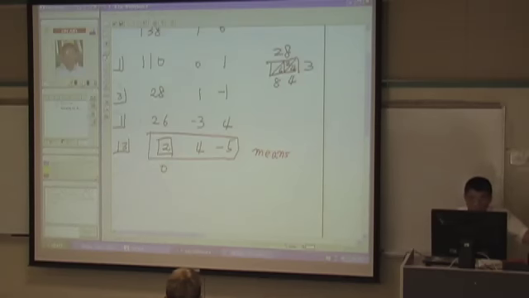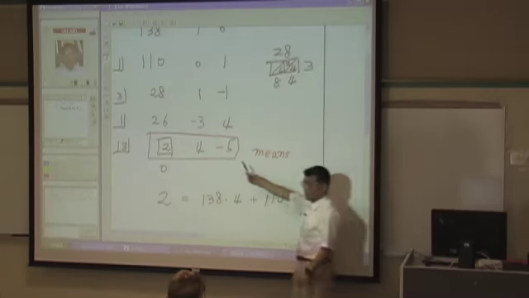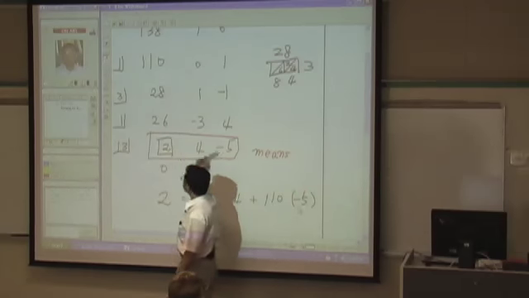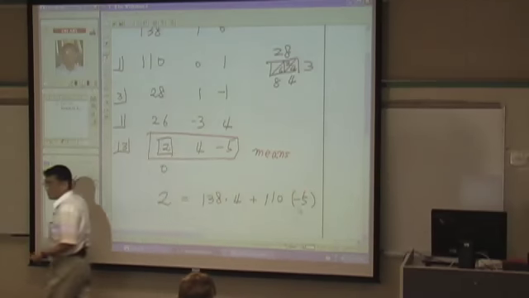So this row means 2 equals 138 multiplied by 4 plus the other number 110 multiplied by negative 5, right? This is the meaning of this row. This row is just an abbreviation.